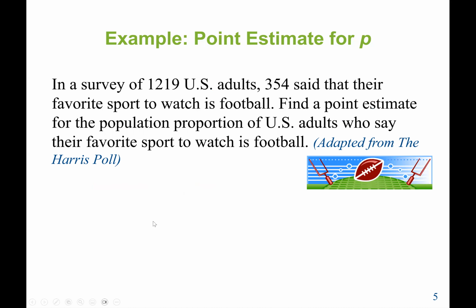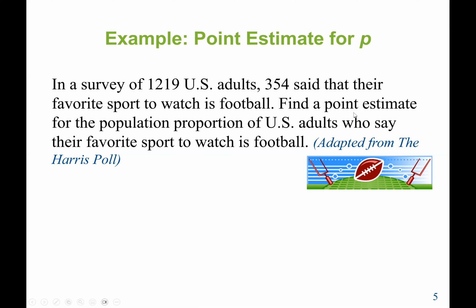So now let's see one example. The example here, we are going to find the point estimate for P, again, the population proportion. So here, in a survey of 1219 US adults, 354 said their favorite sport to watch is football.